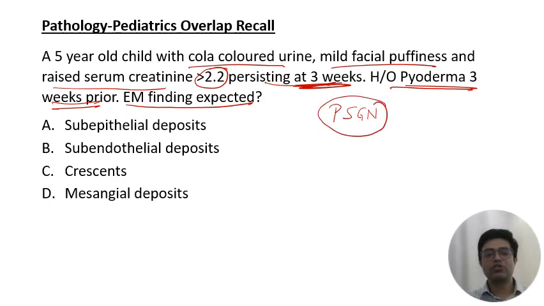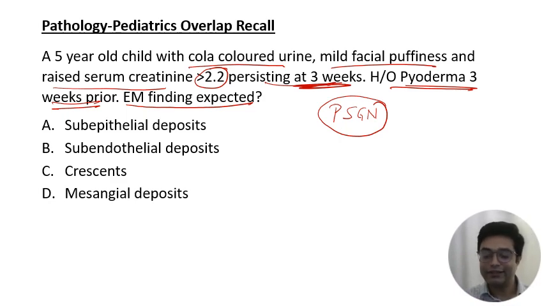In patients of post-streptococcal glomerulonephritis, what you find is subepithelial deposits on electron microscopy. Subepithelial humps is the typical finding. Now, many of the students marked crescents in the option, saying, sir, crescent is crescentic GN, a type of RPGN, and one of the reasons for it is PSGN. Yes, it is there. But you need to understand that PSGN is a rare cause of crescentic GN.